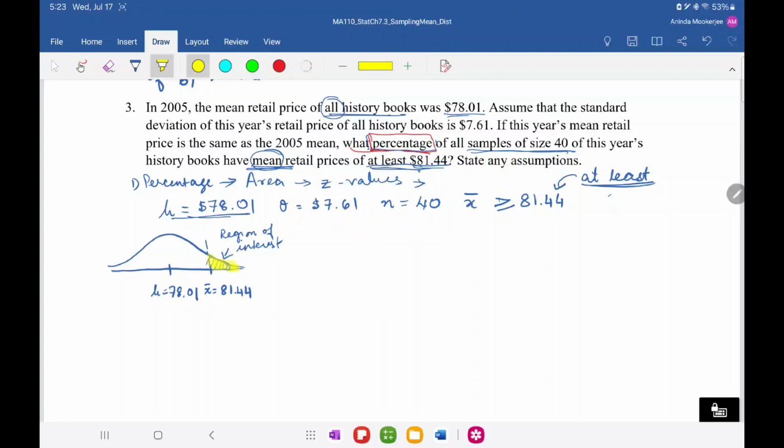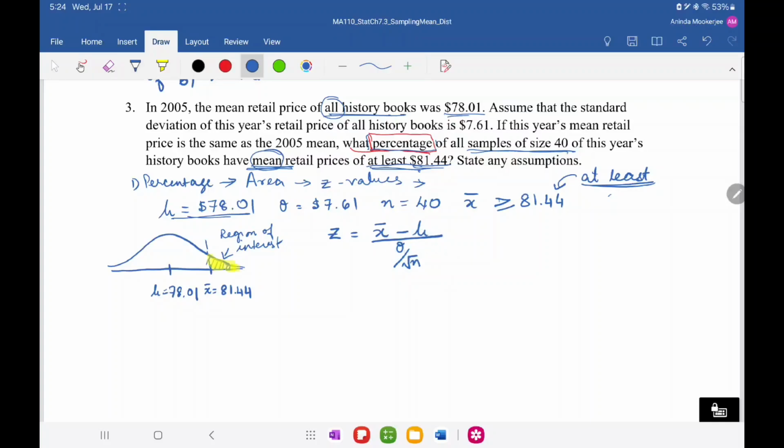Because we are dealing with the mean of all the sample means, we have to use a slightly different formula for the z value, and that's going to be z equals X bar minus mu over, for the standard deviation, the population standard deviation divided by square root of n. Remember, this is the formula we learned for the standard deviation of all sample means.